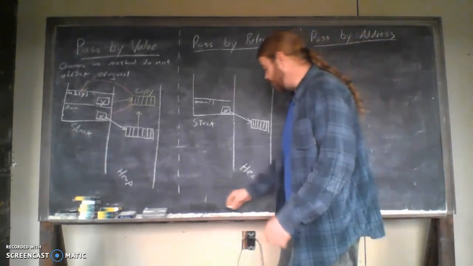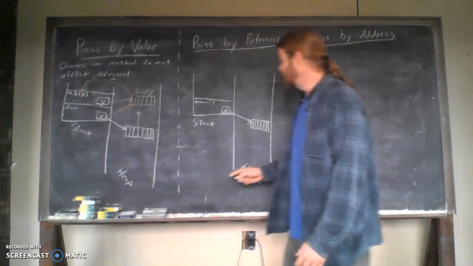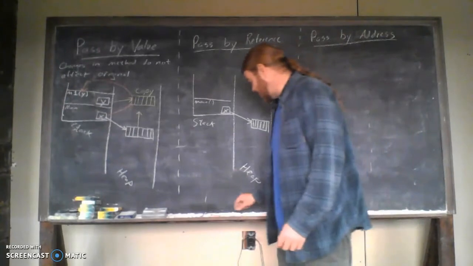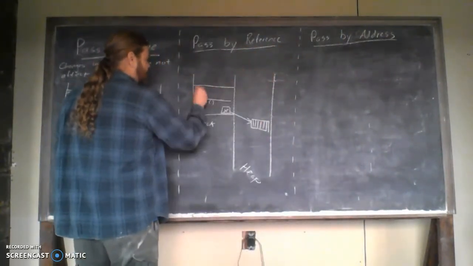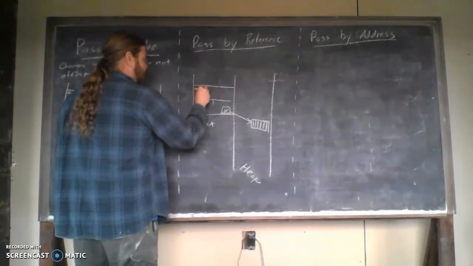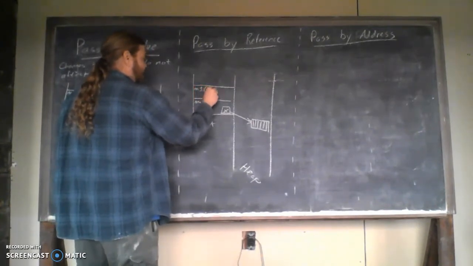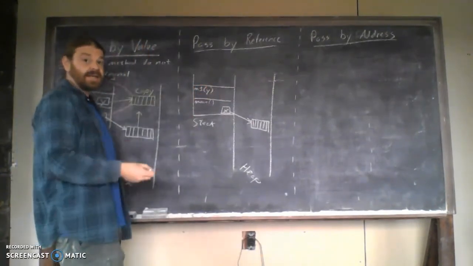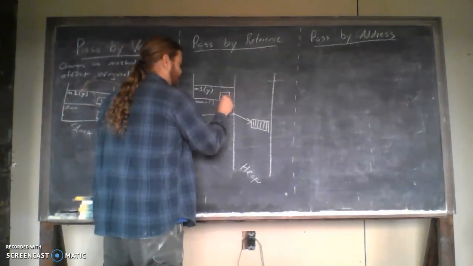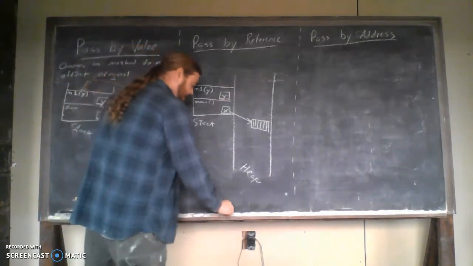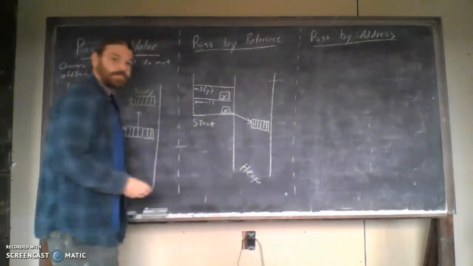So when we pass by reference, well, I'll draw the next part of the picture there. When we call this method M1, it takes in the parameter y, it means we'll have a variable called y to work with here.